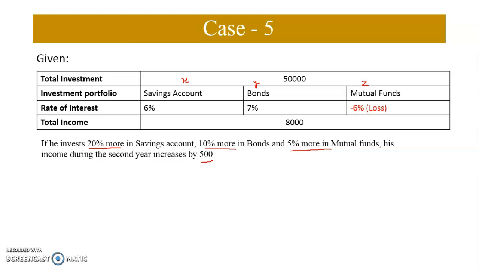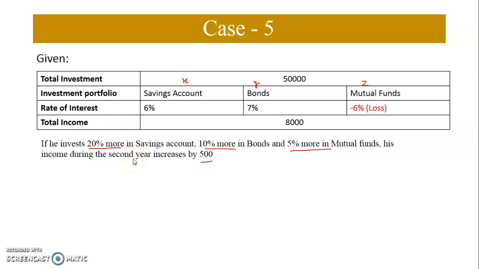So in this case, he is investing 20% more in savings account, 10% more in bonds, 5% more in mutual funds, and this is talking about the income. So when it is talking about income, it means every time rate of interest will be multiplied with the amount of investment, right? And now he is investing 20% more.